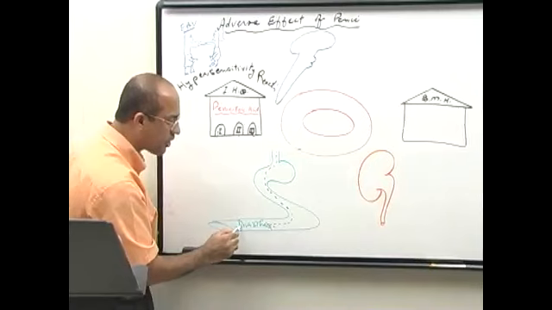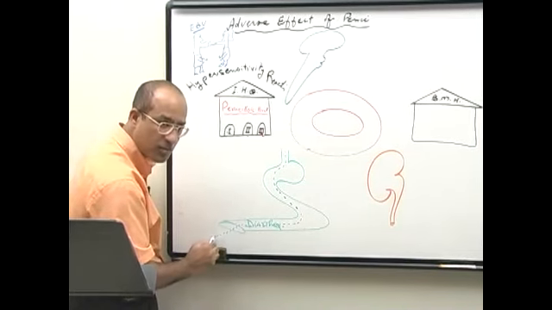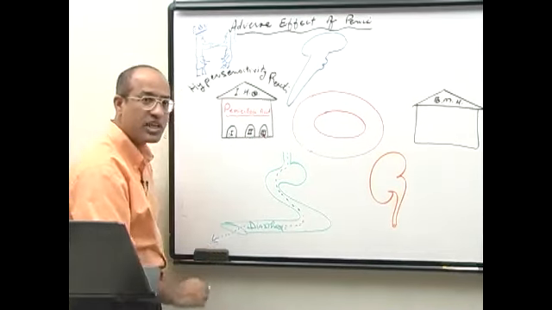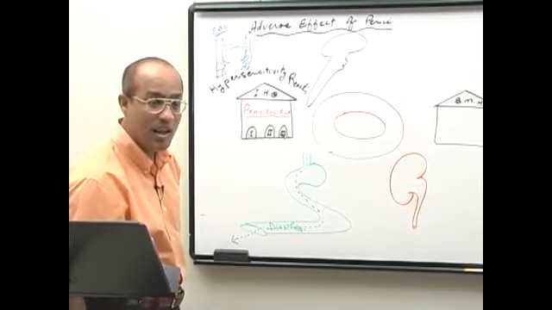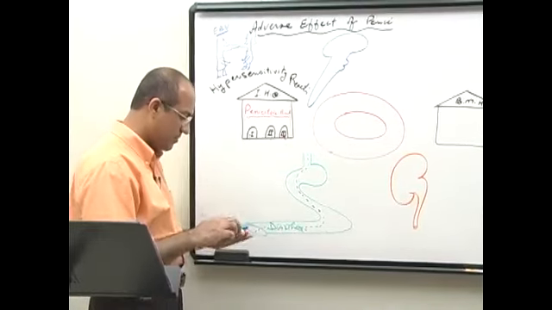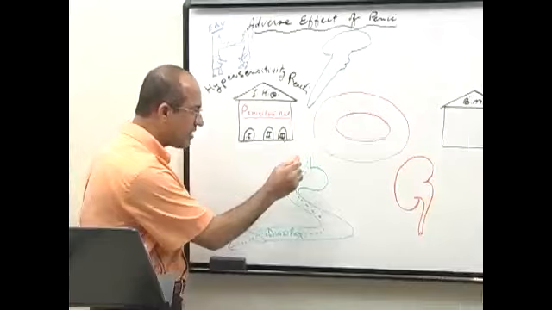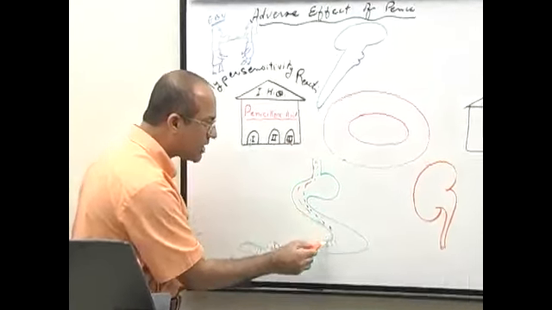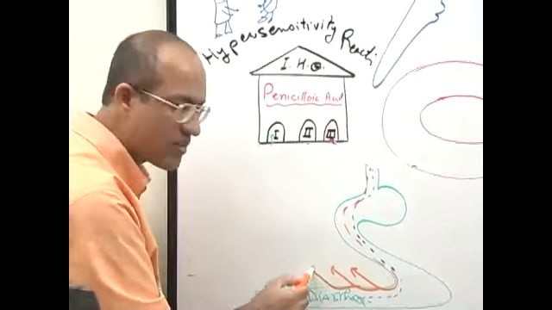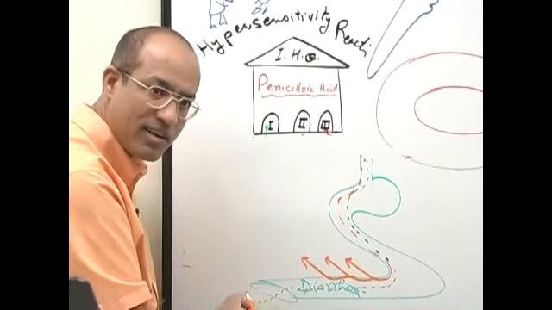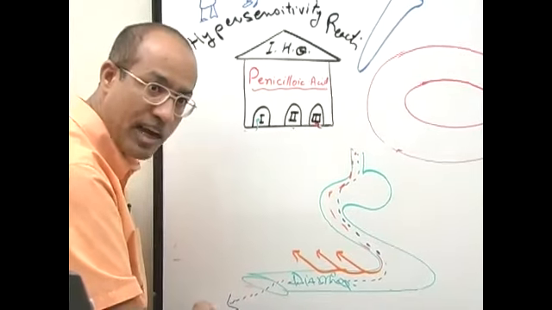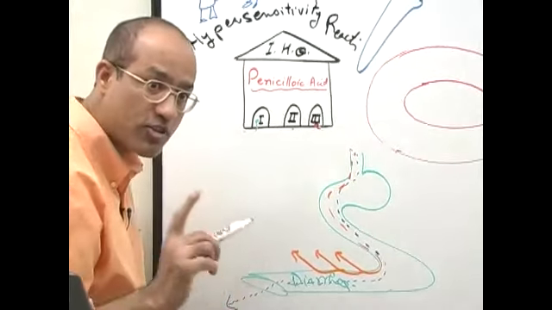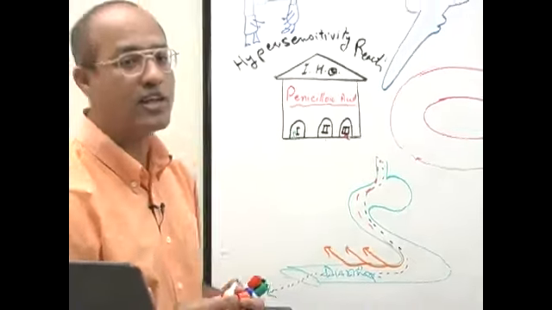So it stays in the GIT for a longer time, goes to the distal part of the GIT and disturbs the normal flora. But amoxicillin is very effectively absorbed from the GIT into the blood. So it does not stay for a longer duration and in higher concentration, and does not disrupt the GIT flora significantly.